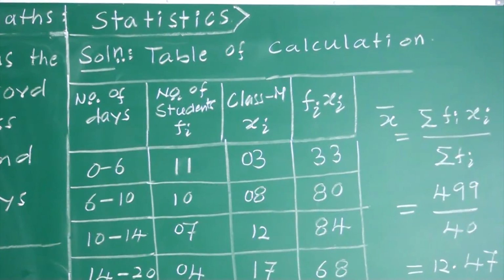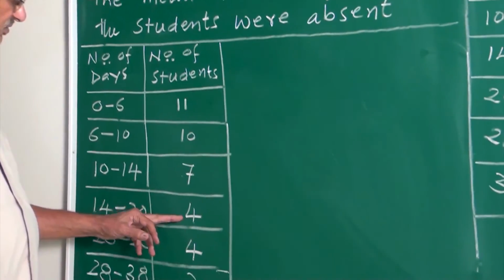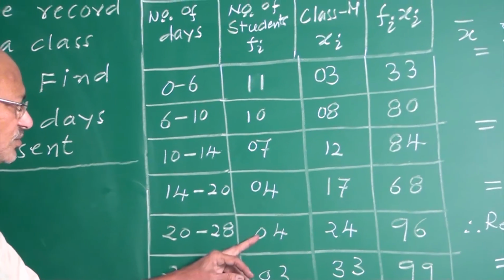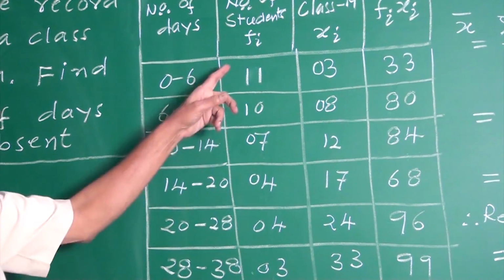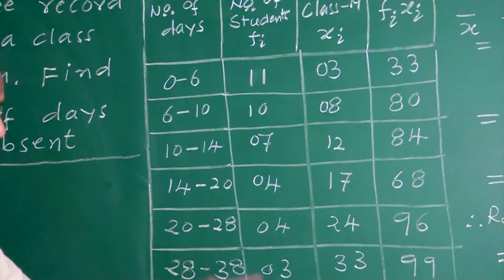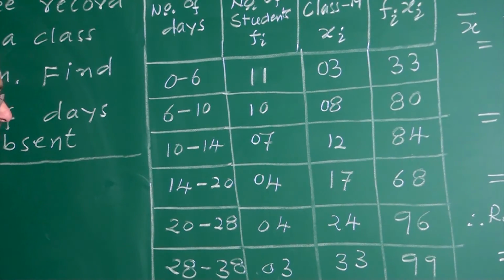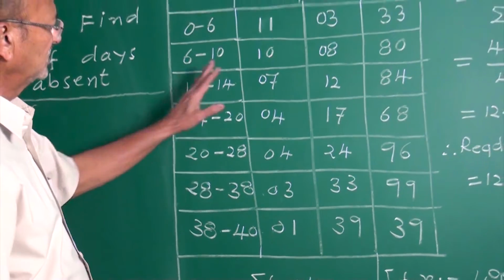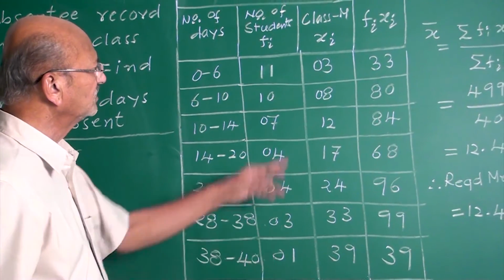Both the columns are the same. While writing the single digits, I have written 07, 04, 04, 03, 01 so that it helps us in doing the addition. These are the two columns which are given.